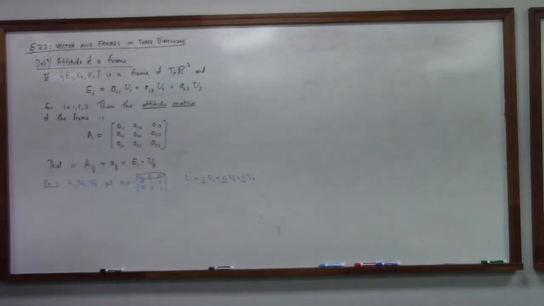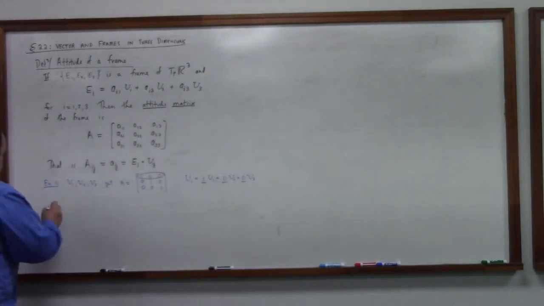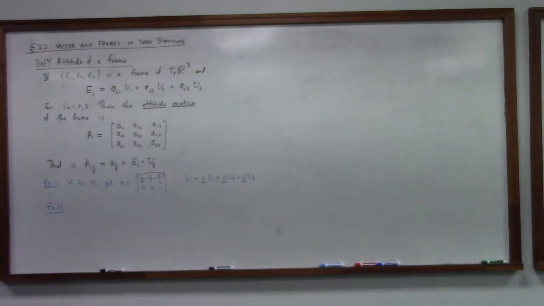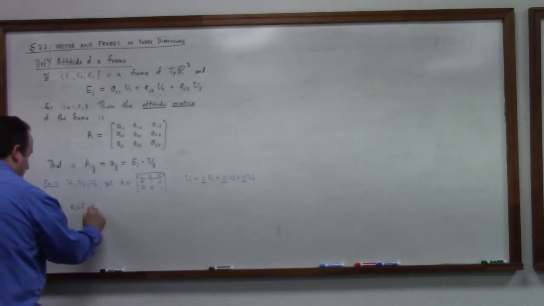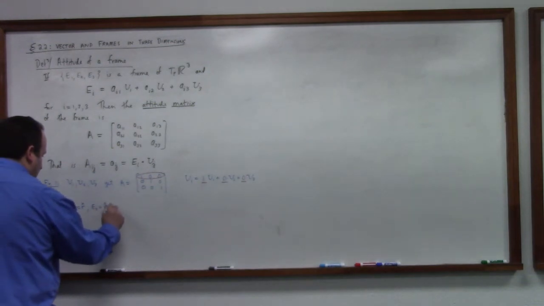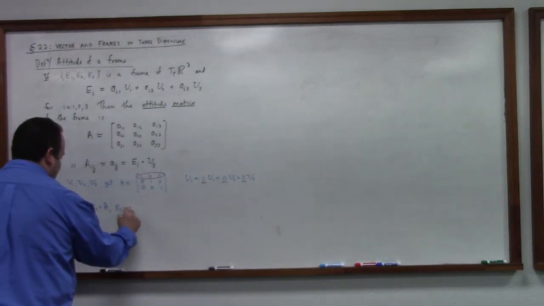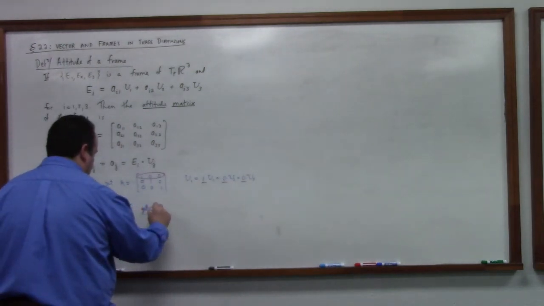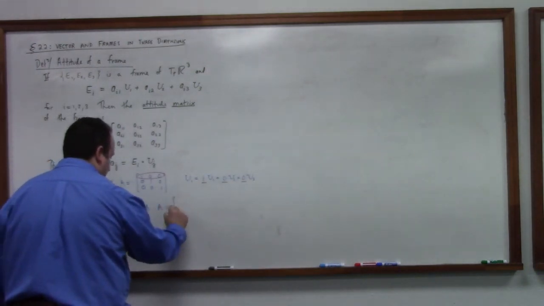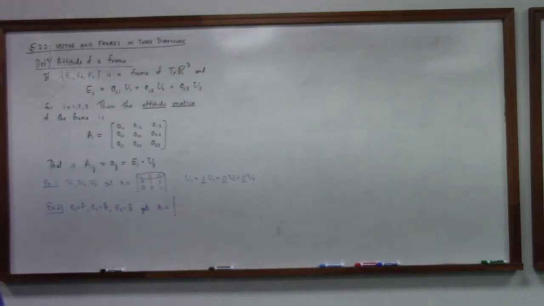What's the attitude matrix for the cylindrical coordinate frame? For E1 equals r hat, E2 equals theta hat, E3 equals z hat, we get the attitude matrix of what? You can read it off the other board.